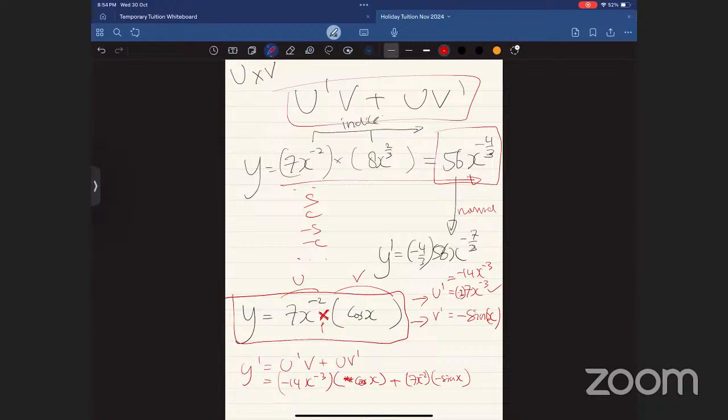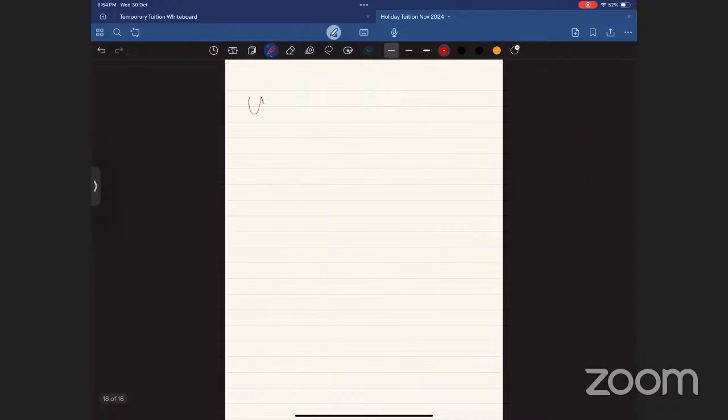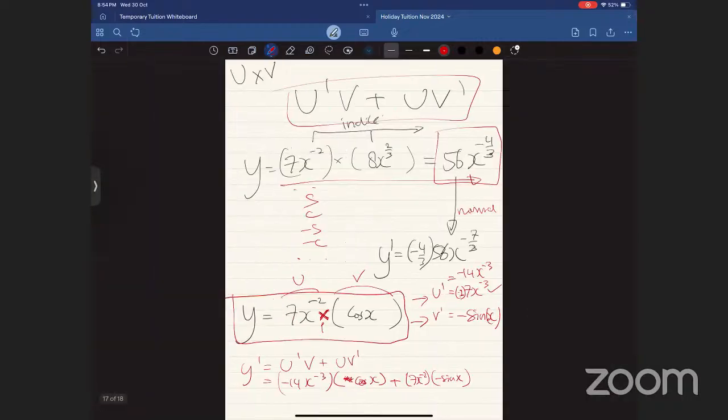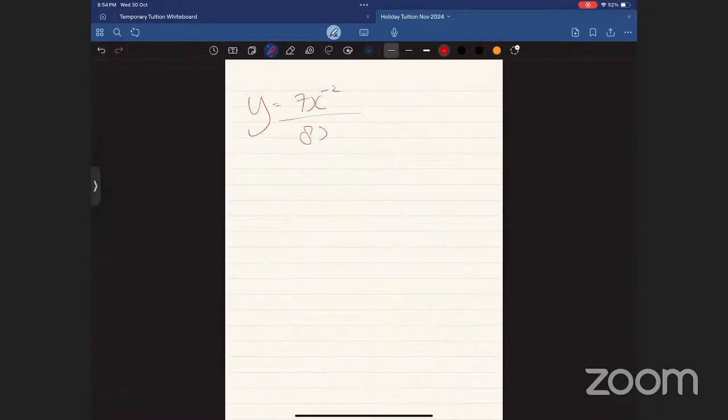We have some time, so I'll introduce the quotient rule. Quotient rule is for division, some rule for multiplication, some rule for division. Now I'm going to repeat the same thing. This is 7x minus 2 divided by 8x power 2 over 3, and the second is 7x minus 2 over cosine x.